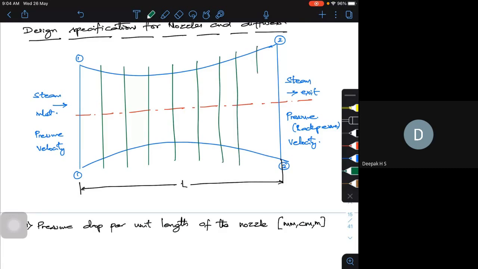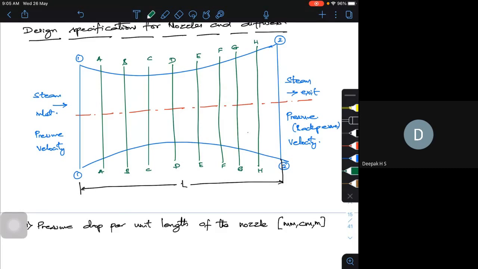If I call these sections AA, BB, CC, DD, I'm trying to look at the pressure drop at each and every section, and so on with E, F, G and H. I'm just showing you an example of a few centimeters: 1, 2, 3, 4, 5, 6, 7, 8, 9, so 9 centimeters or something.